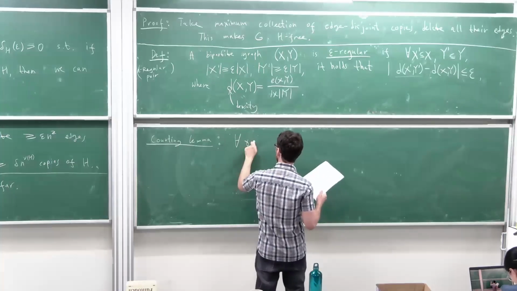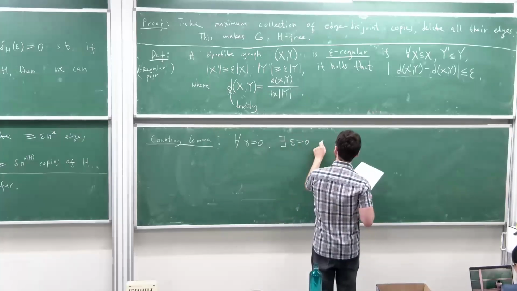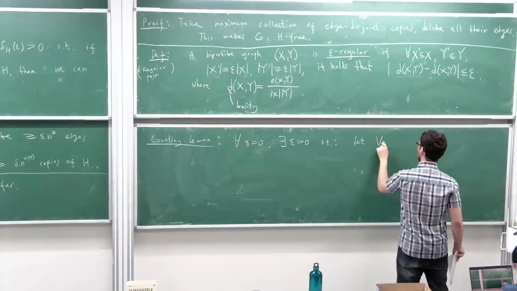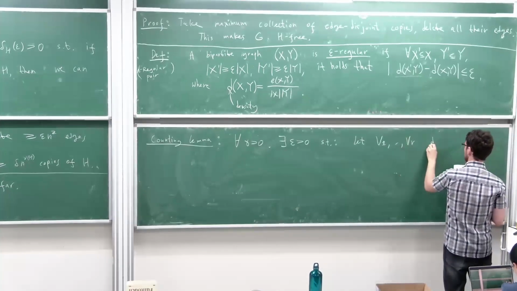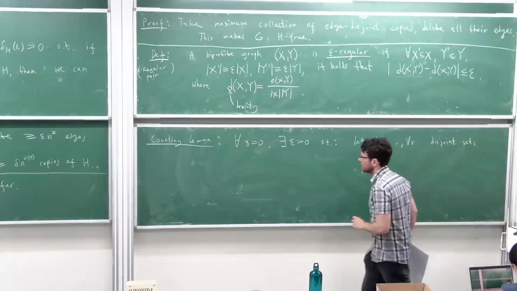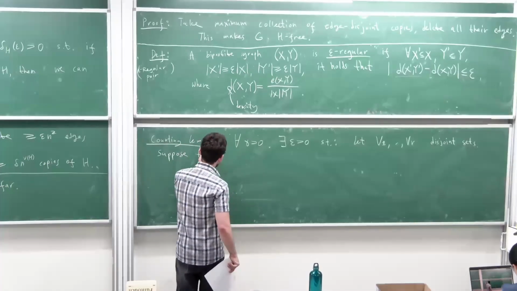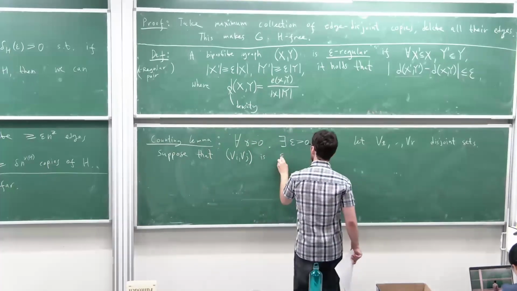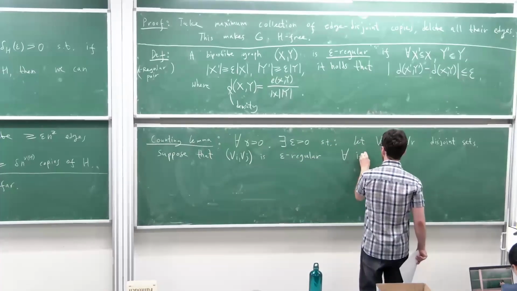For every gamma, there exists some epsilon, such that: let V1 to VR be a disjoint vertex set, and suppose Vi Vj is epsilon regular for every i, j.